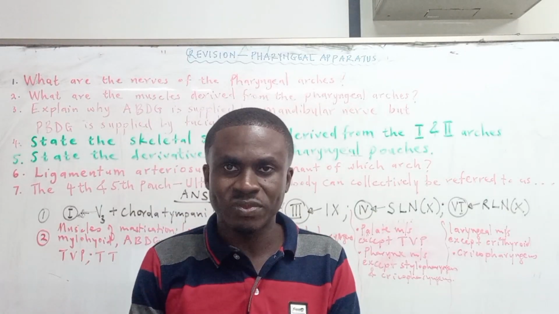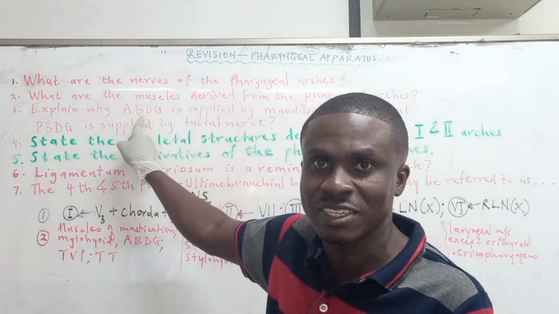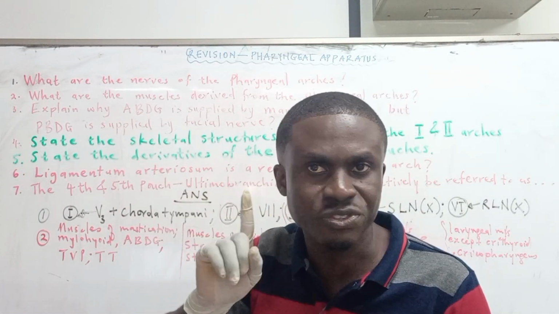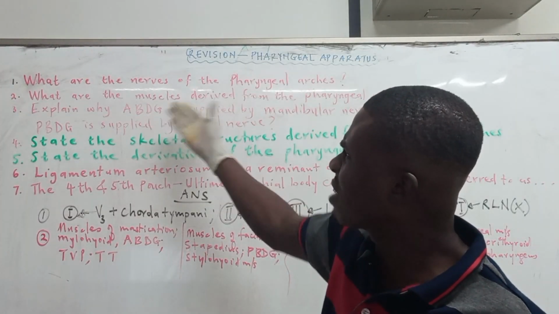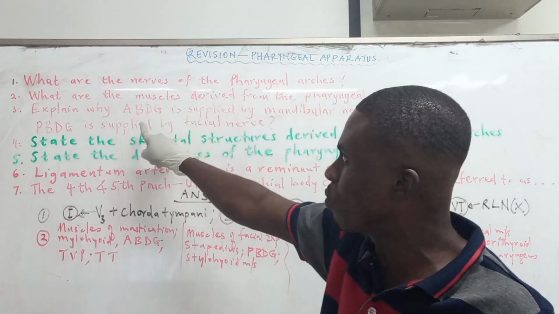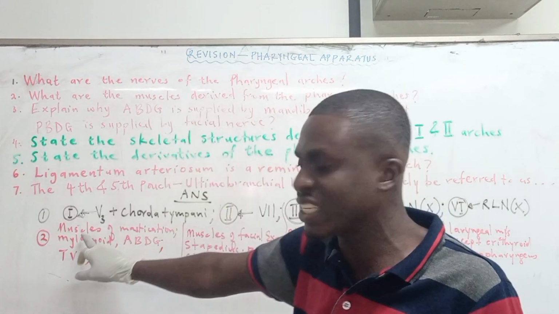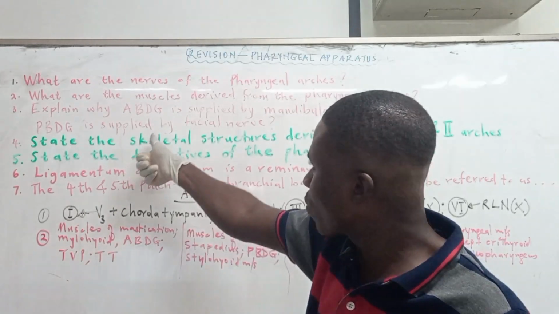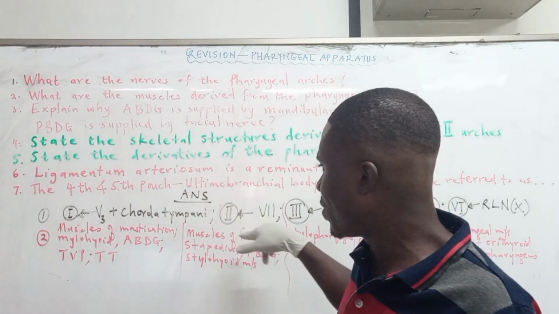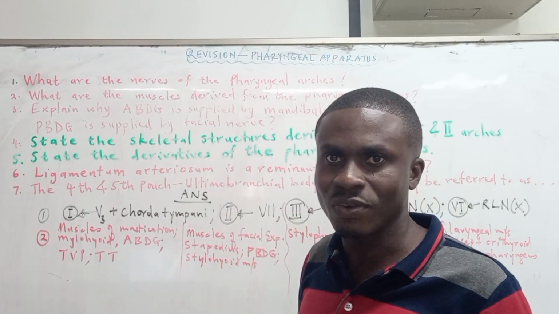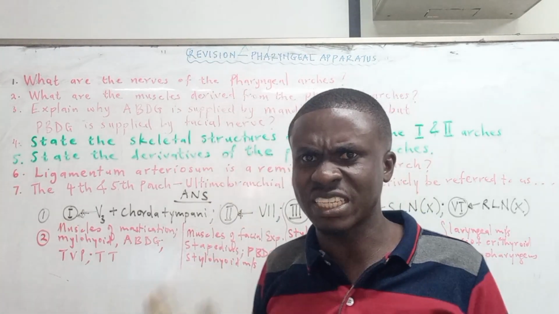The anterior belly of digastric muscle is supplied by the mandibular nerve because it is derived from the first pharyngeal arch. While the posterior belly, because it's derived from the second arch of the branchial apparatus, is supplied by the facial nerve. It's as simple as that.